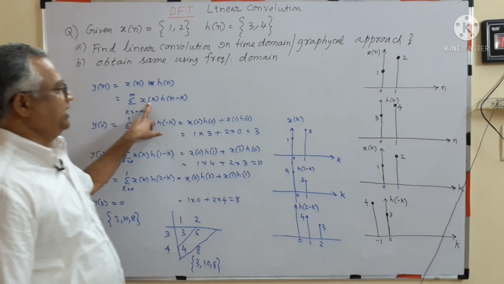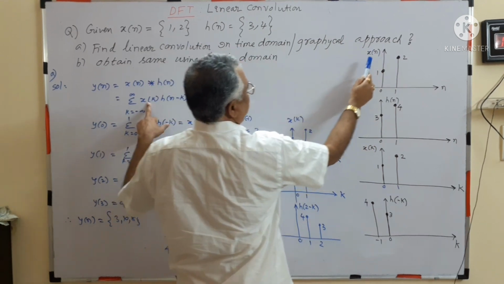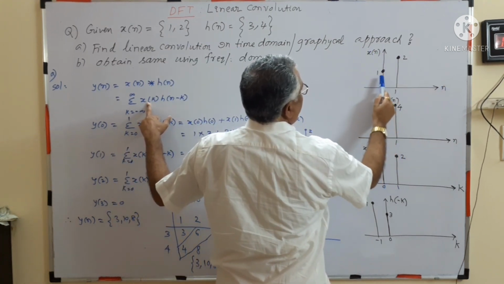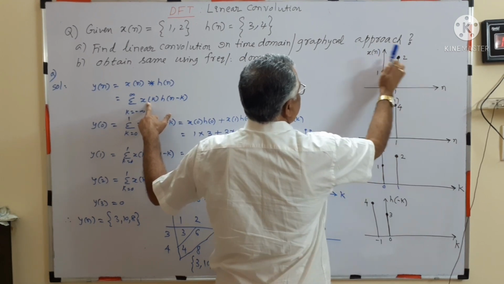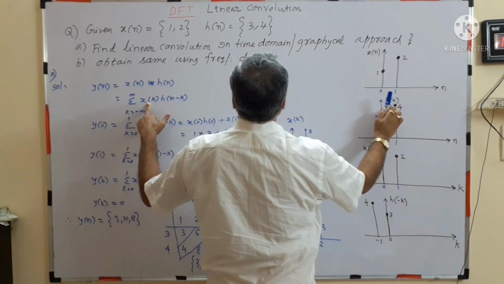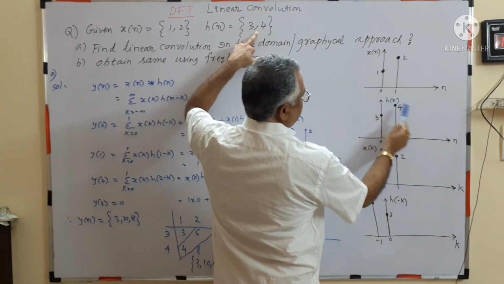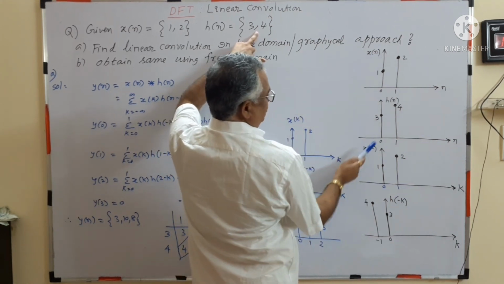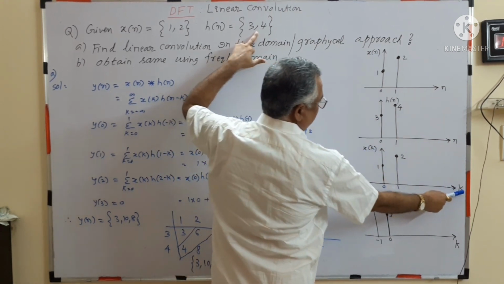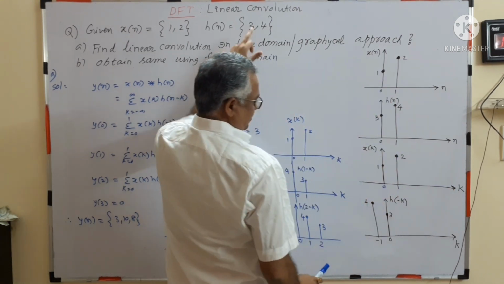So what is x of n? 1, 2. So at 0 it is 1, at 1 it is 2. This is x of n. What is h of n? 3, 4. Now I am changing x of n into x of k, only the variable changes to k: same 1 and 2.